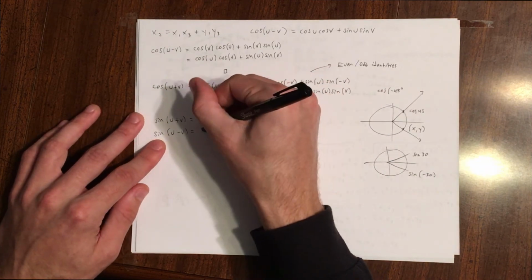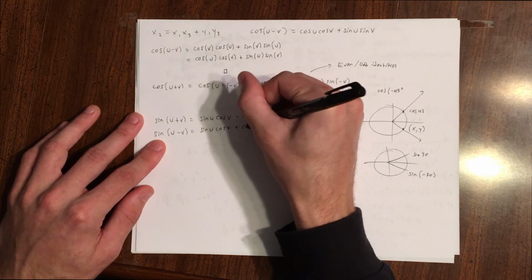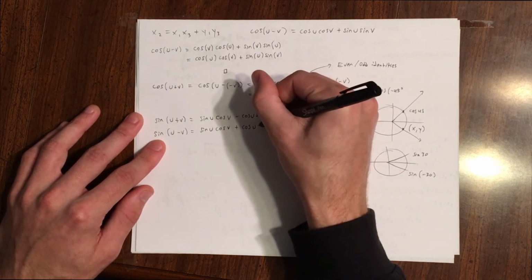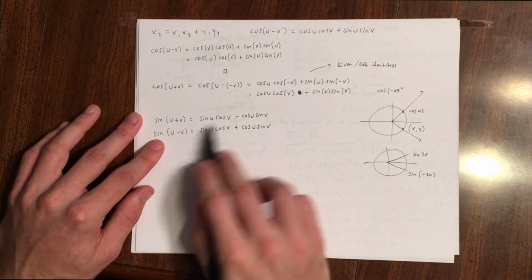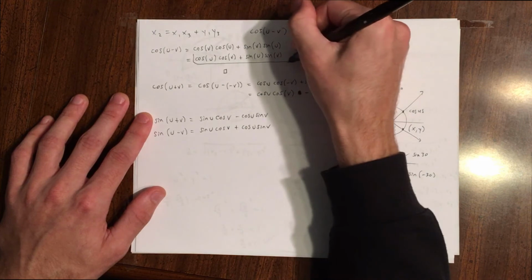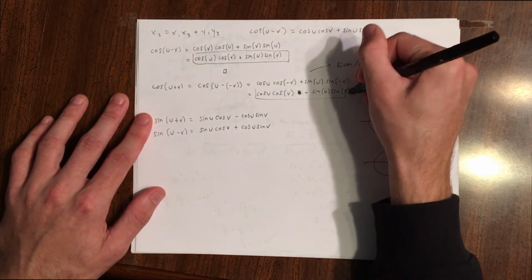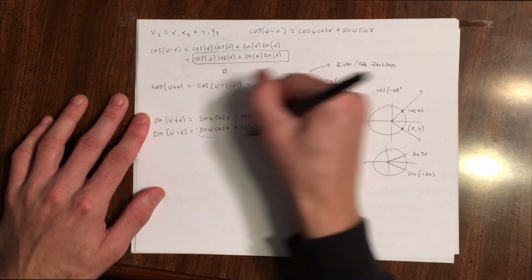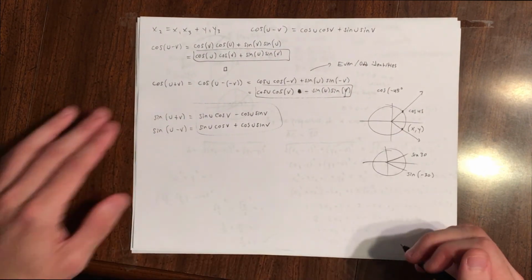And for this, sine of u times cosine of v plus cosine of u sine of v. Right? The proofs for these will be similar, but we won't be looking at them. So here's one. Our second one. Uh-oh. That's not good. Our third and fourth. Well, that's a little messy. I'll rewrite them here, and then that'll be it.